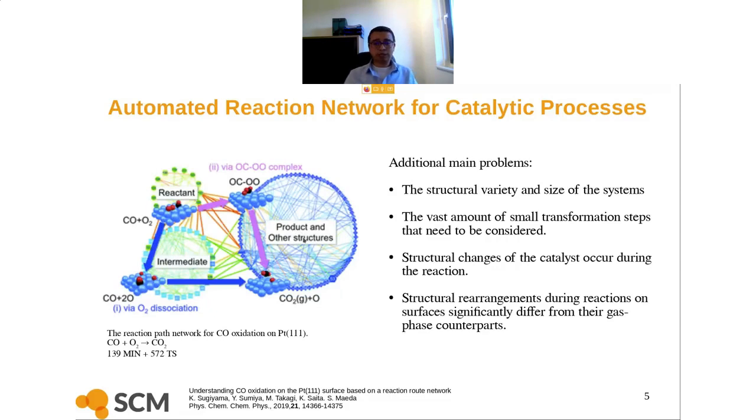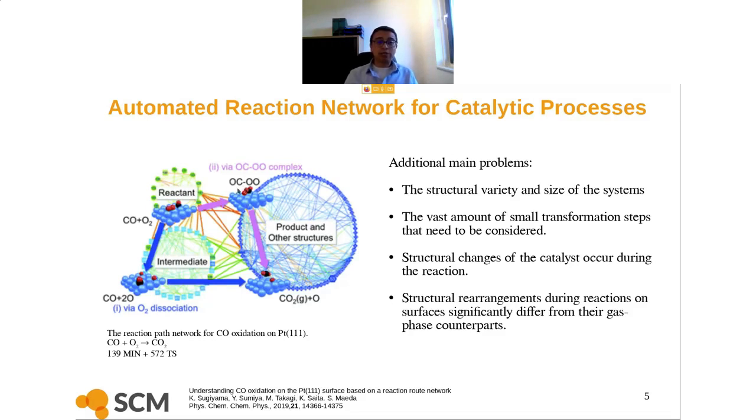So for these catalytic processes on top of surfaces, normally the main problems associated are the structural variety and the size of the system. The computational part is more expensive. You need more electrons, more atoms to describe. Also, the vast amount of small transformation steps that need to be considered.